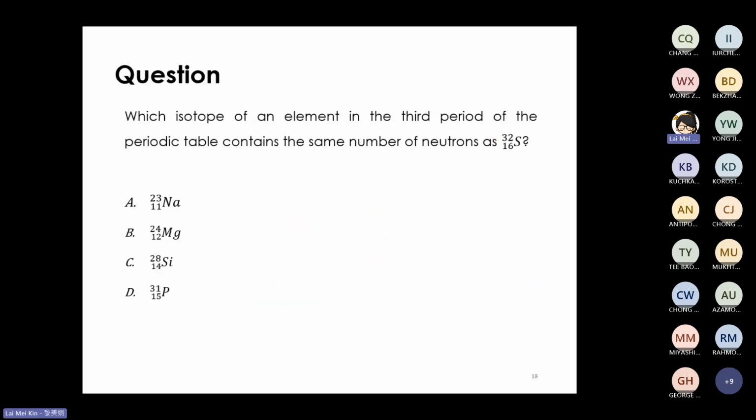Okay, try this. Which isotope in the third period of the periodic table contains the same number of neutrons as sulfur-32 with proton number 16? Okay, try this out.